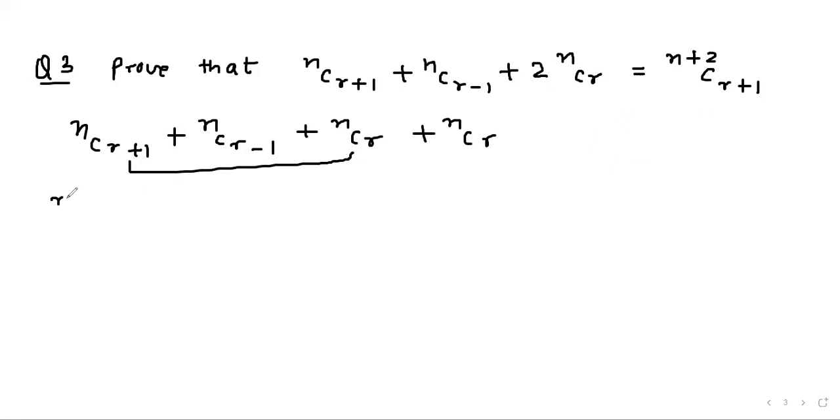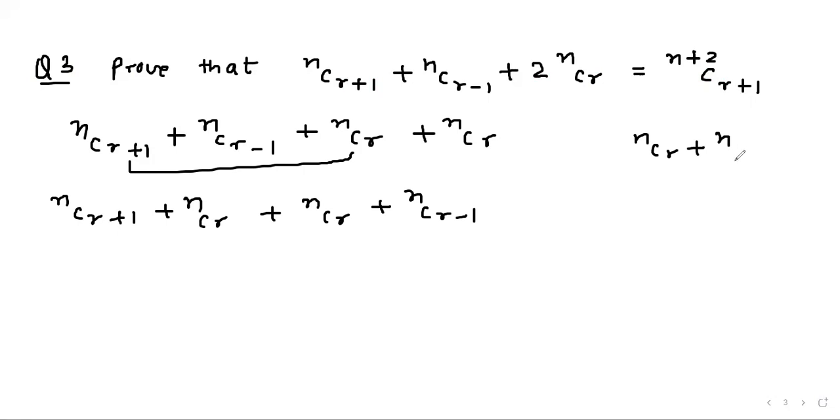So NCR plus 1 plus NCR, plus NCR plus NCR minus 1. Now, as per the formula, NCR plus NCR minus 1 gives N plus 1 CR.